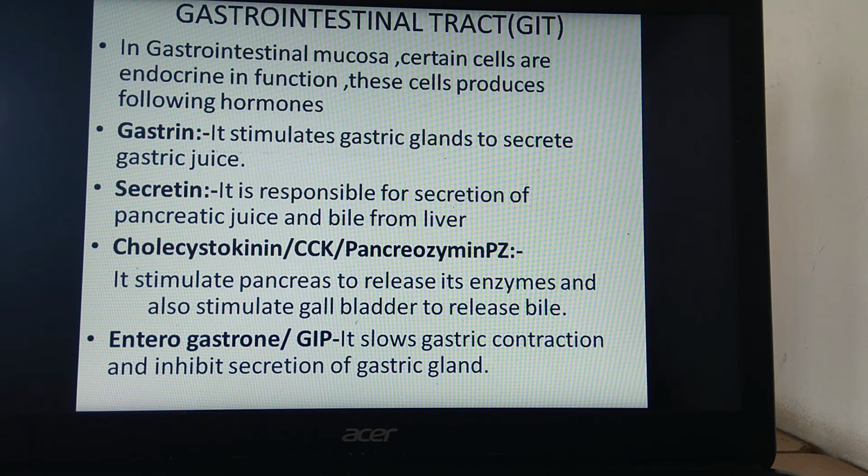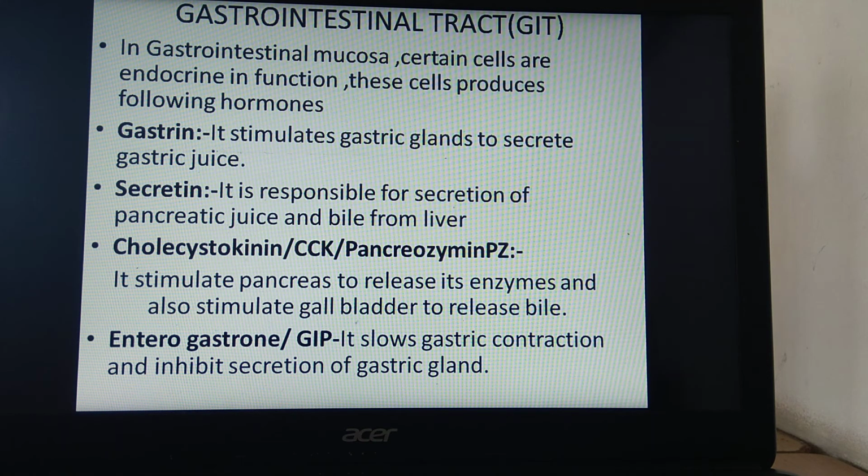The 4 layers from the exterior are serosa, then muscularis, later on submucosa, and the innermost is the layer which consists of villi. Different kinds of villi and different kinds of cells are seen. Mostly columnar epithelium is seen in the inner layer of this gastrointestinal tract.